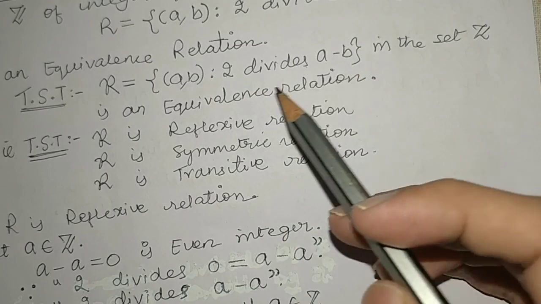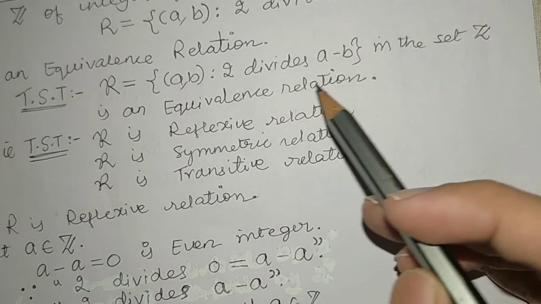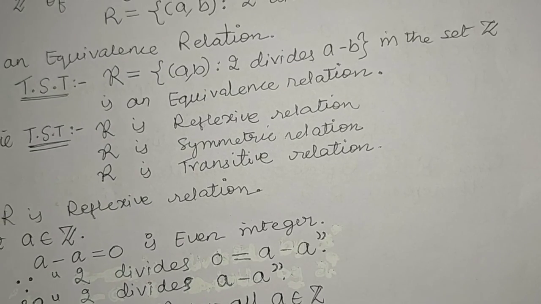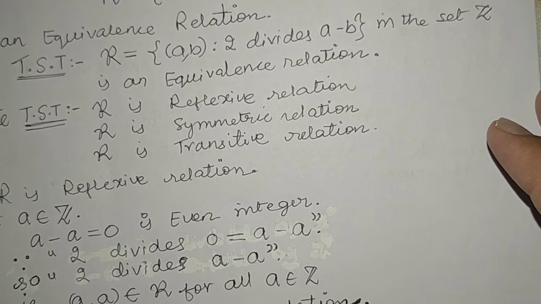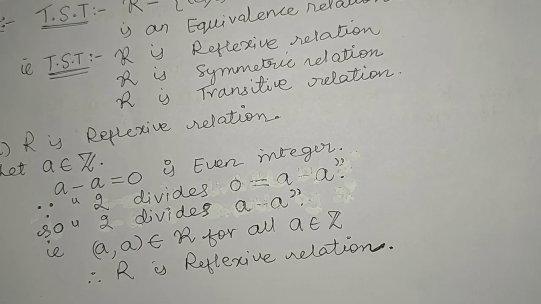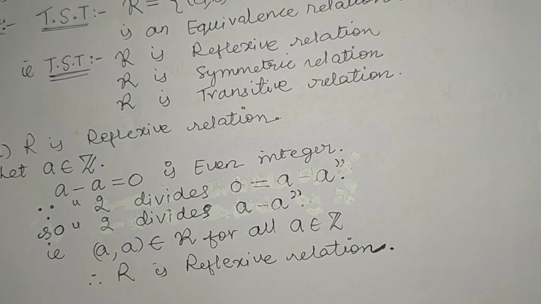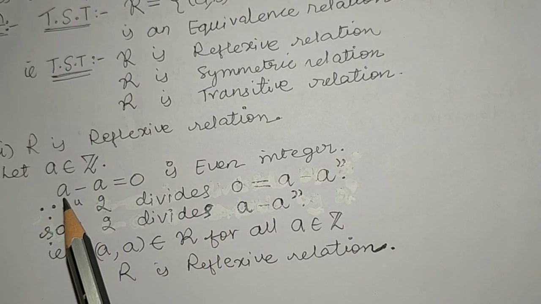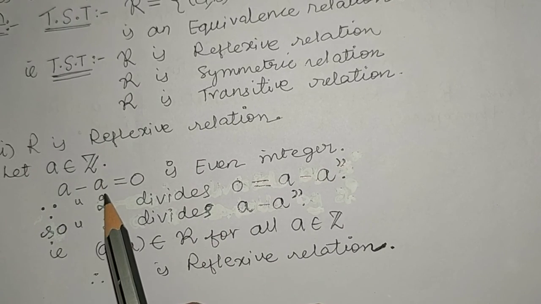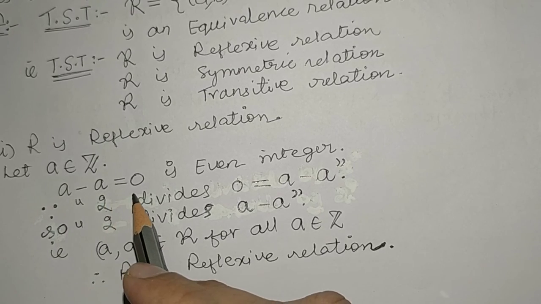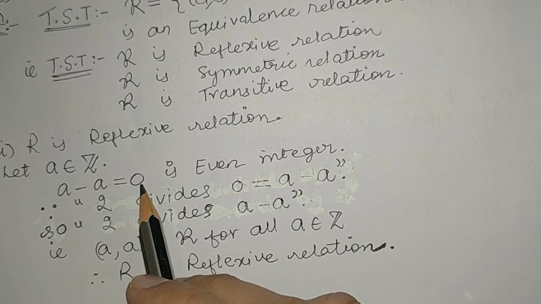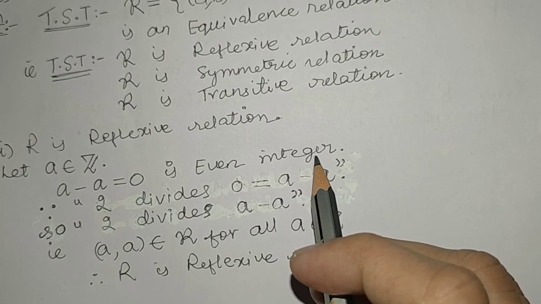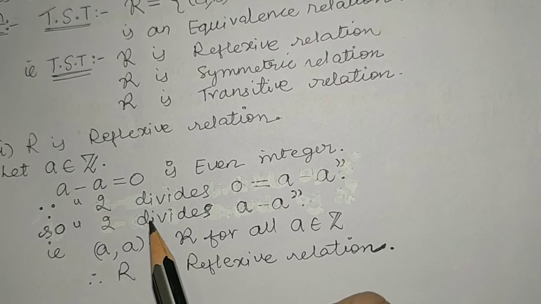Now by the divisibility rule of 2, 2 divides any integer if that integer is an even integer, right? So if you look at a minus a here, a minus a will be 0, and 0 is an even integer.